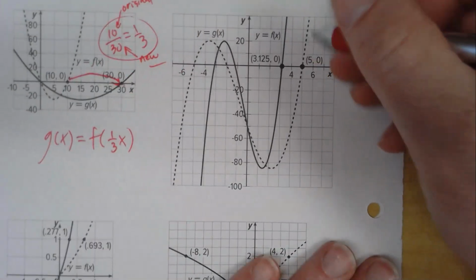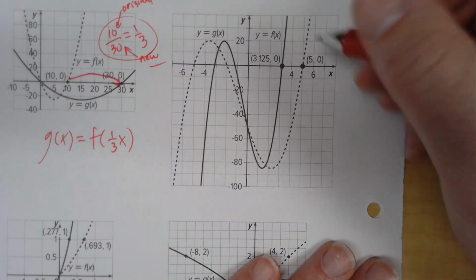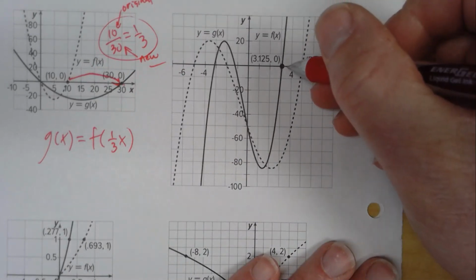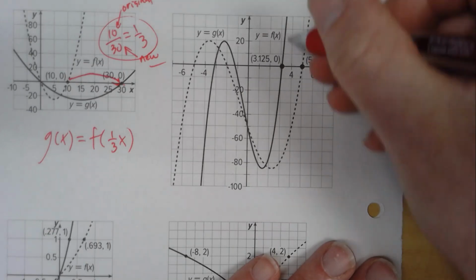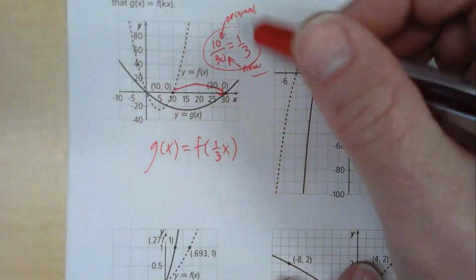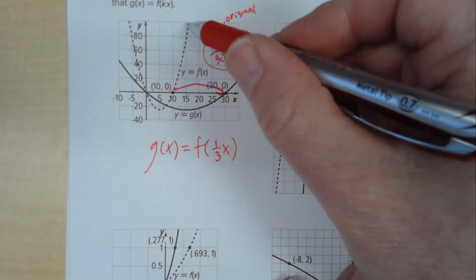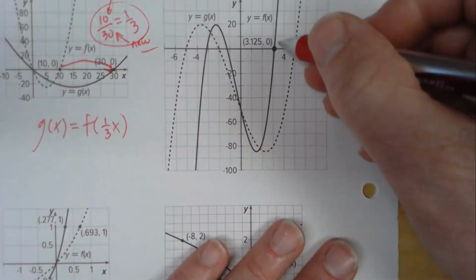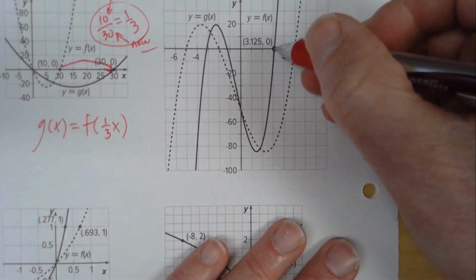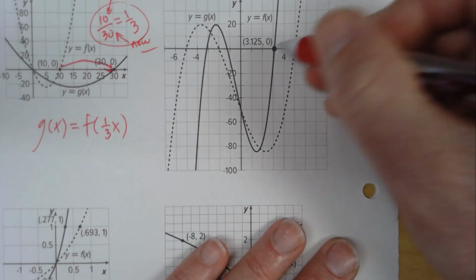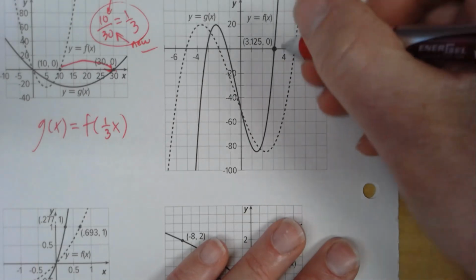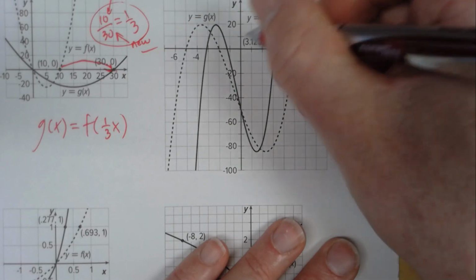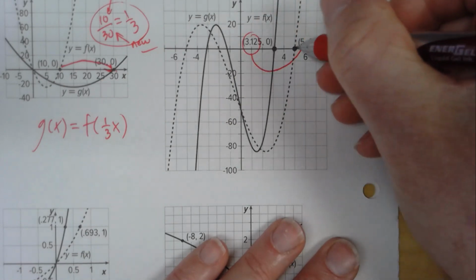Okay, so if we go to this one here, this is tricky because they keep switching these on me, so it's messing me up. So the original was dashed, and then it's changing to G, which is solid. Now you look here, G is dashed, right, and F is solid. They did it backwards for us. So we're changing this number into this number.